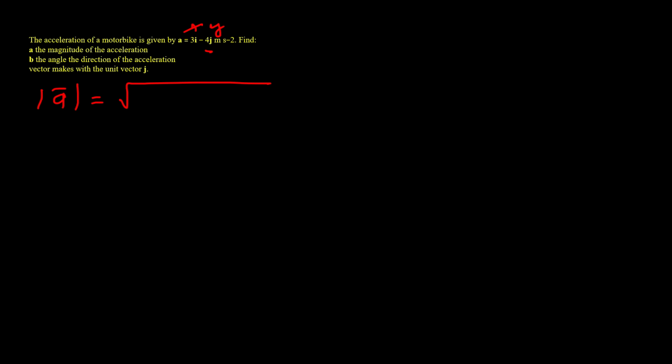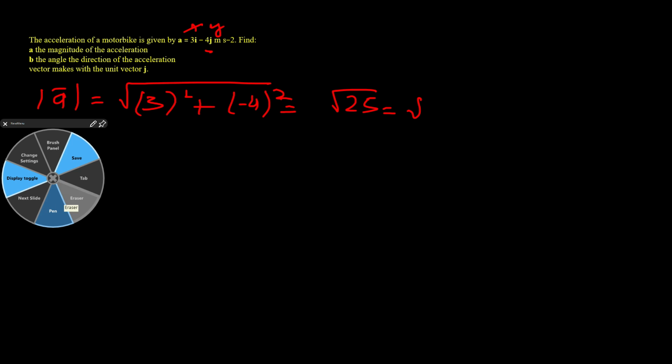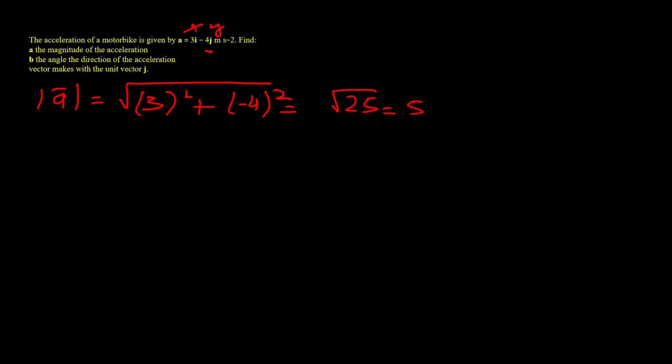So it is equal to the square root of 3 squared plus minus 4 squared, which is equal to 9 plus 16, which is 25. Square root of 25 is 5. So the acceleration is equal to 5 meters per second squared. Okay, that's the easy part.